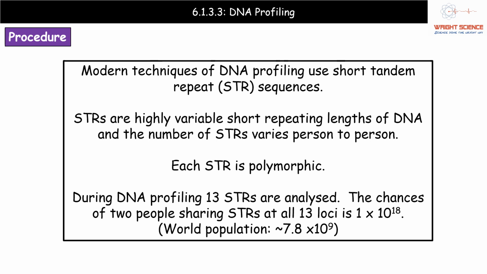So what we can be pretty certain of in that scenario is that whoever's DNA matches, it is that person. The likelihood of it being another random person on planet Earth sharing that exact same set of STRs is so improbable. We can't say it's impossible, but it is immensely improbable.